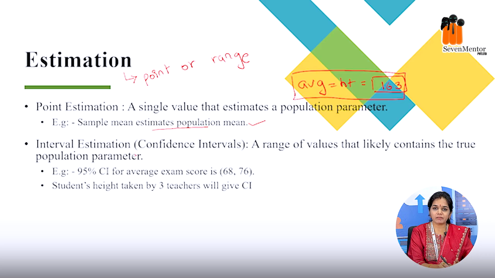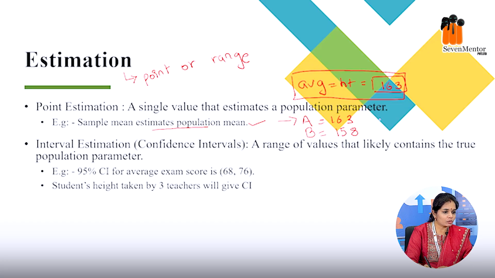What is a confidence interval? What is interval estimation? Why did this concept come into the picture? If I go into class A, I will get 163 as the average height. If another teacher goes into the same class, she may get 158 because the samples are different, right? The same students won't be in her estimation.